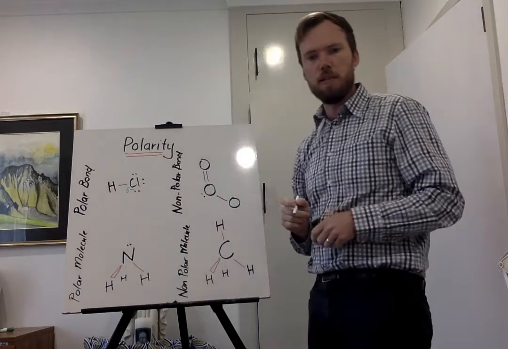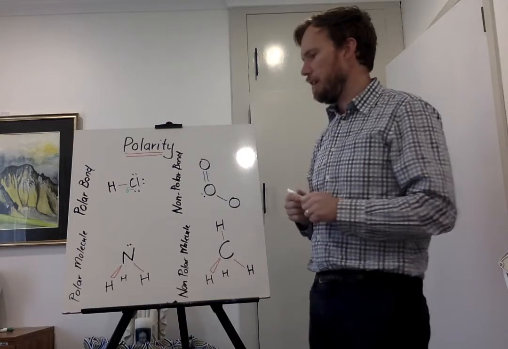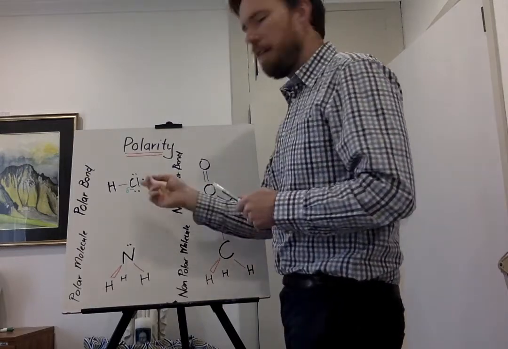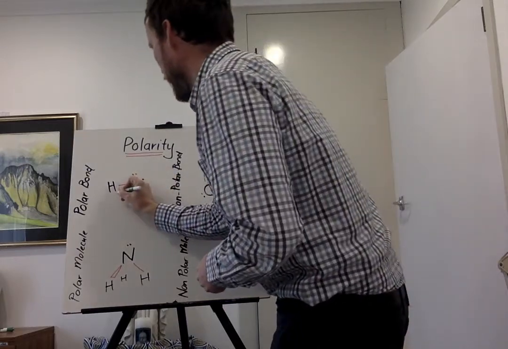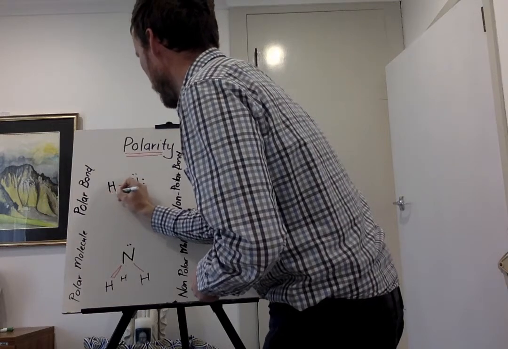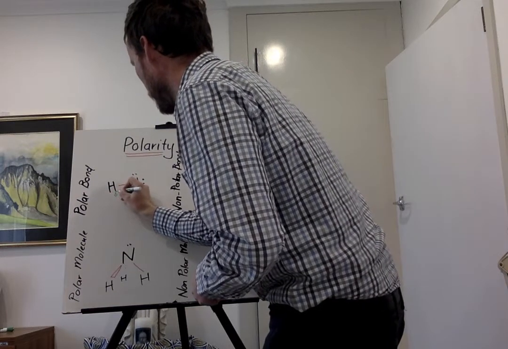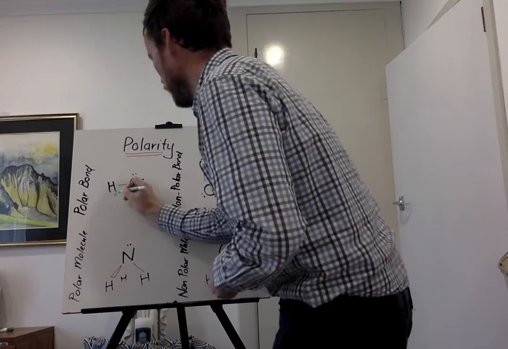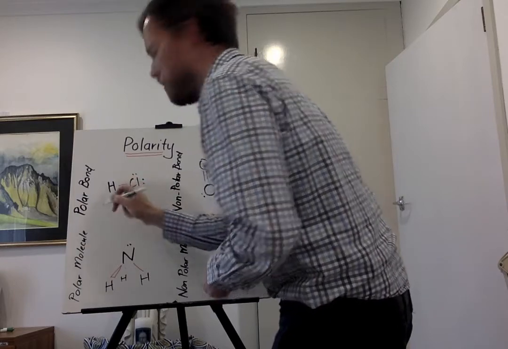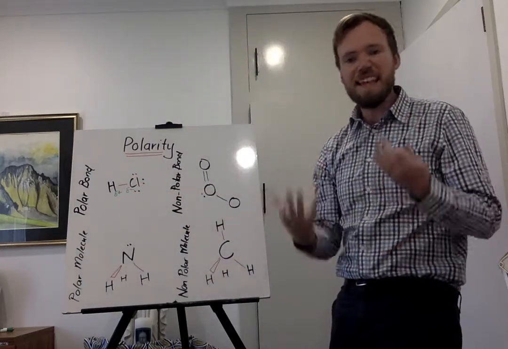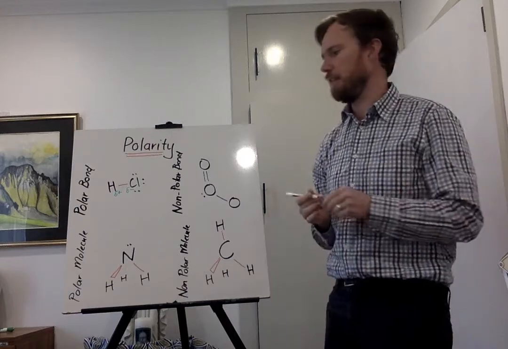We put a little delta negative down there, and this is our negative dipole. On this side of the bond, we have a positive dipole, a delta positive, because comparatively, there's less negative charge at that end.